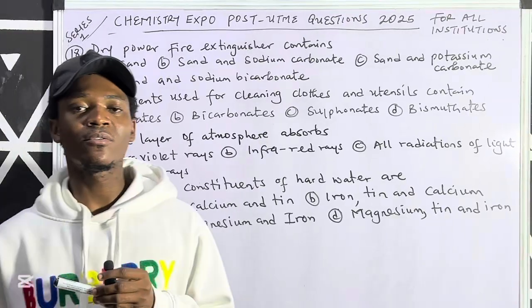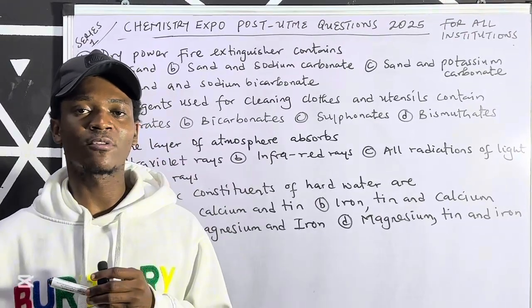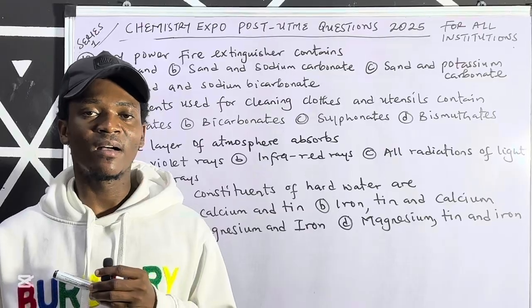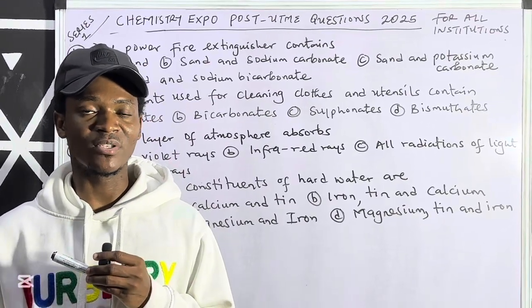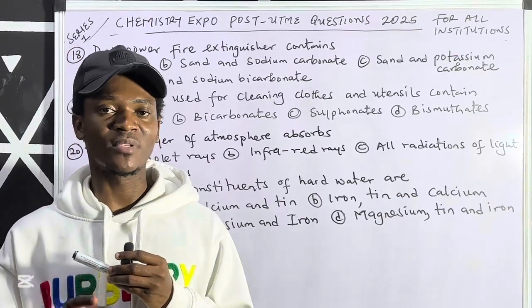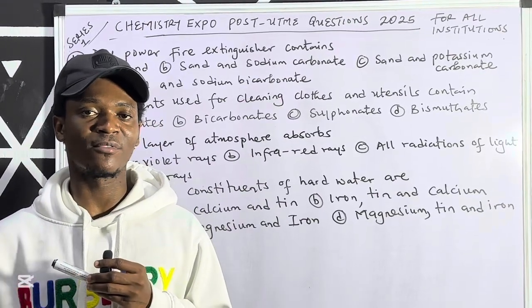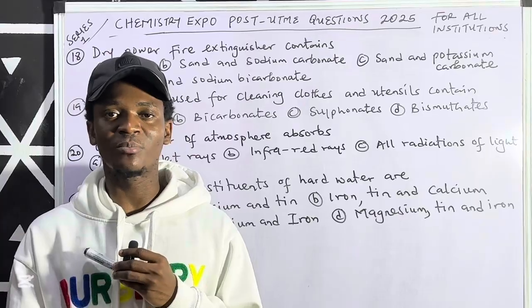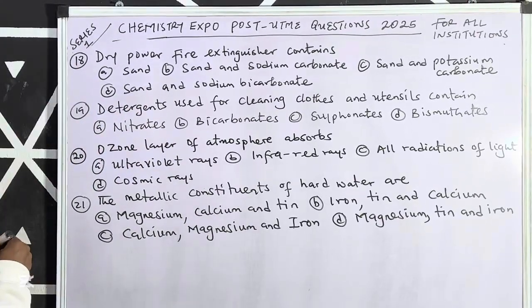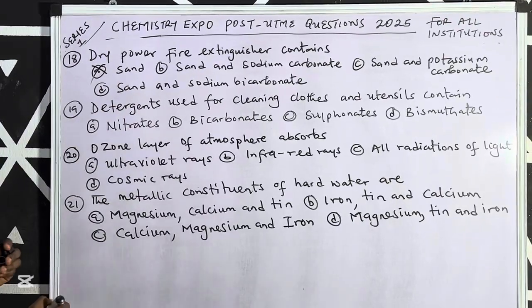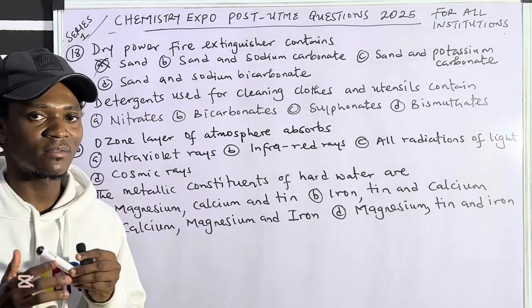First thing first, you cannot have something that functions as a fire extinguisher and is not associated with carbon dioxide, which is CO2. If it does not contain carbon dioxide, it most likely shouldn't be acting as a fire extinguisher. So sand alone is out, it is wrong. Sand and sodium carbonate won't make sense.